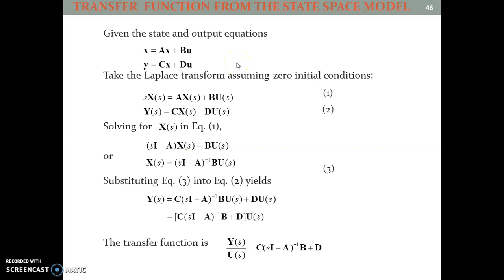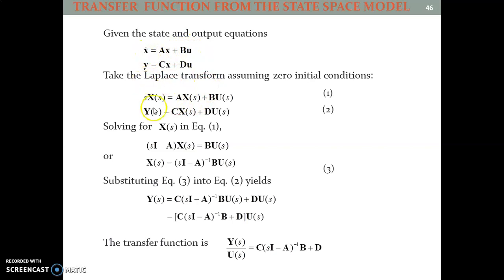For finding the transfer function, you know the conditions. First you apply the Laplace transform, use the initial conditions as 0, and find the ratio. In the same way, first apply the Laplace transform to the state equation.